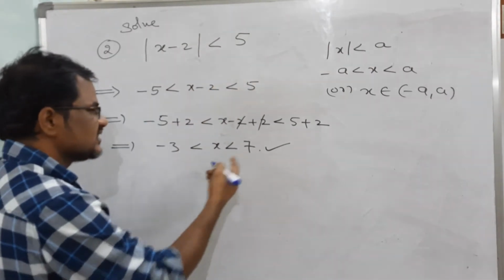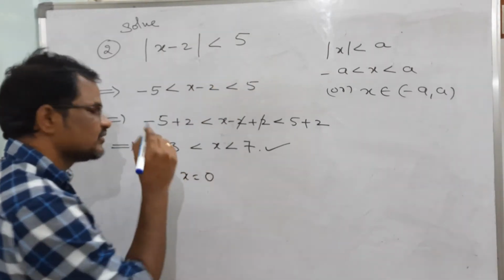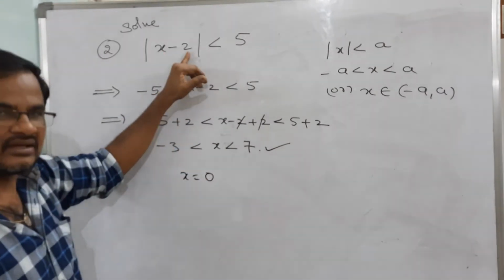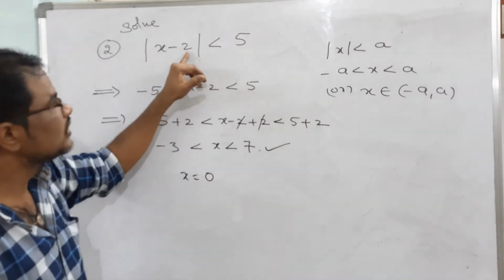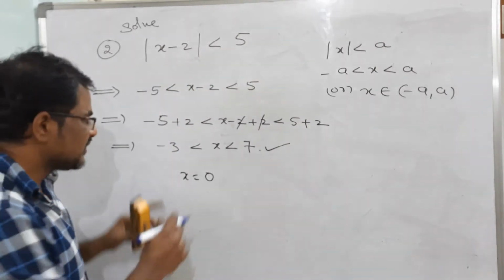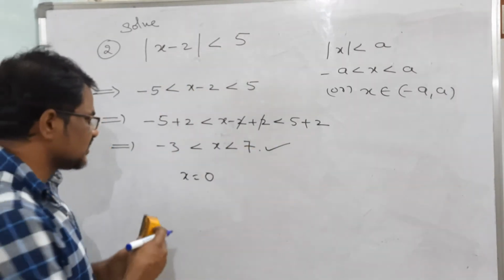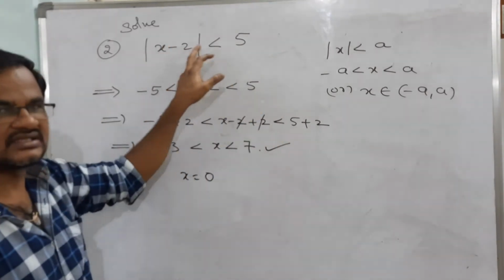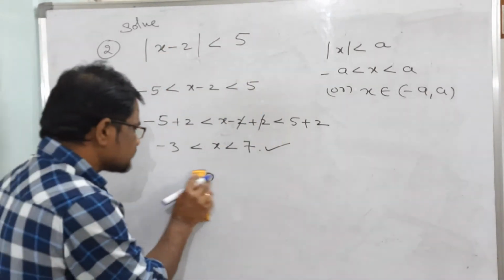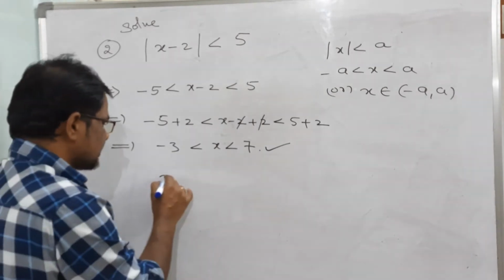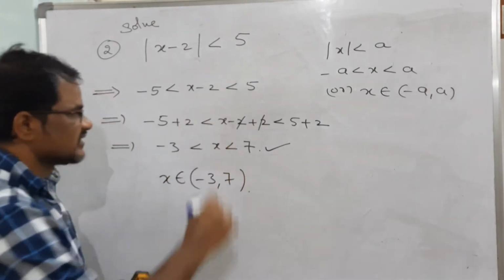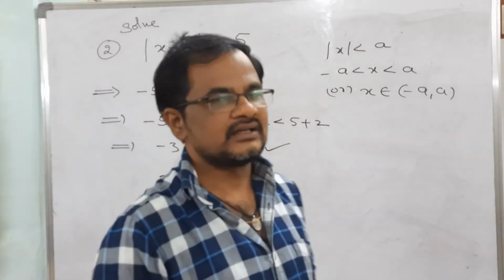Suppose x equal to 0: 0 minus 2, modulus of minus 2 is 2, less than 5 only. But outside this interval, suppose you take 8: 8 minus 2 is 6, not less than 5. In terms of intervals, x belongs to the open interval minus 3 to 7. This is our answer.